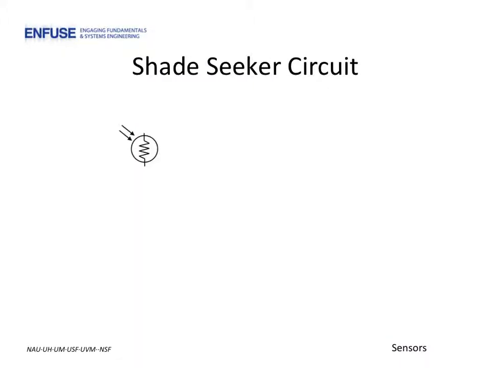If our interest was to turn on a device when the environment is too bright, we could simply swap the position of the photoresistor and our potentiometer for producing our Vout voltage.